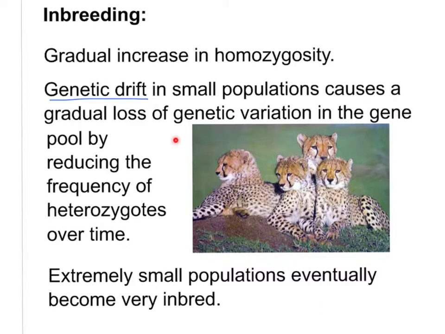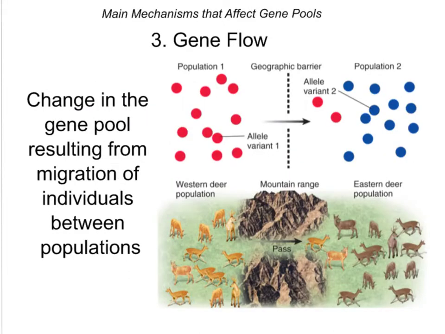Something you can look up is a term called inbreeding depression, where fertility and survival of organisms in a population are reduced compared with populations that are not inbred, and you start seeing problems and really negative traits that start happening, and it is not good and healthy for a population to be inbred.